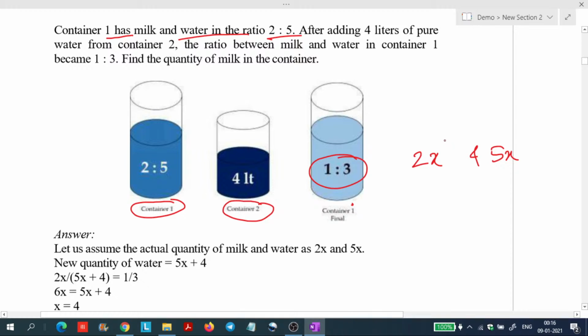Then the new quantity of water: after adding 4 liters of pure water from the container, the ratio of the milk and water became 1 is to 3. Okay, so the new quantity is, that is 5x.